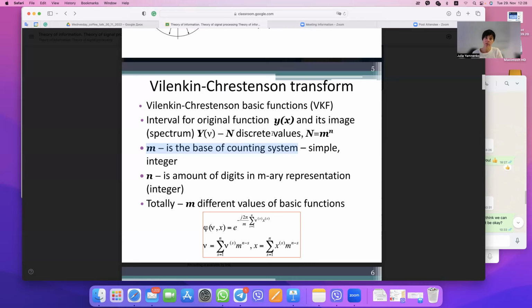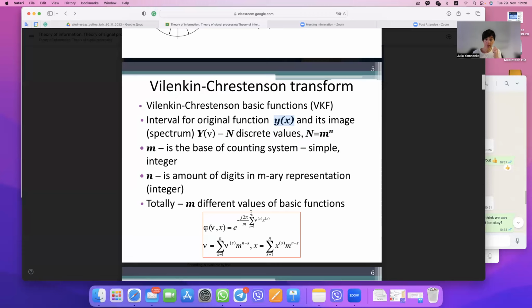Here, in the Vilenkin-Chrestenson method, it is necessary that we provide the number of discrete values as m to the power n, where m is our base of the counting system, I will explain, and n is some positive integer value. So it could be 3 to the power 2 or to the power 3 and so on, or 5 to some power. So it is necessary to provide this limitation for the original function y of x.